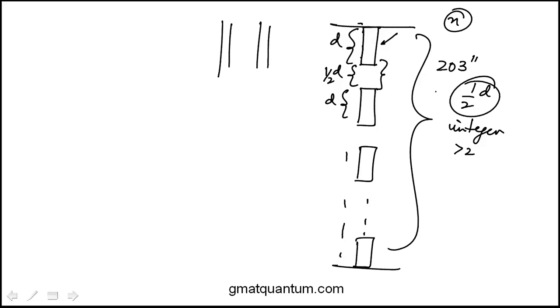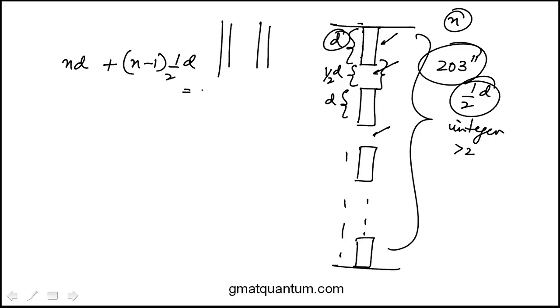And so the key condition is that the total length has to be equal. So if there are n of these strips, then this length is nd. And you'll notice that the gaps are going to be one less than the number of these stripes. So that length in the gap would be n minus 1, meaning those are the number of gaps we have, times half d, and that's equal to 203.